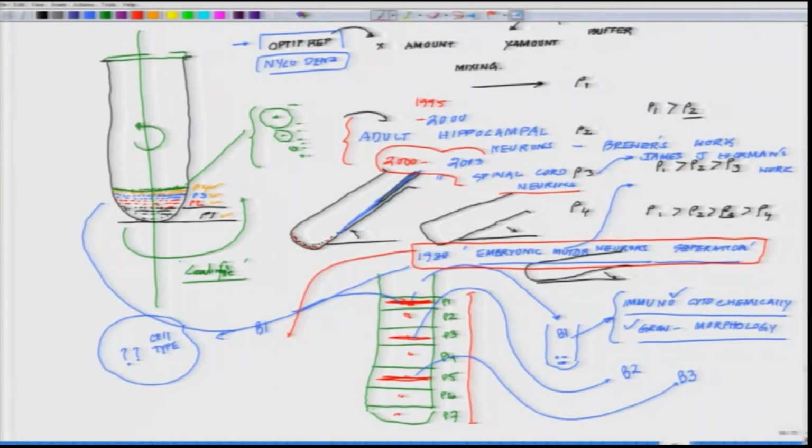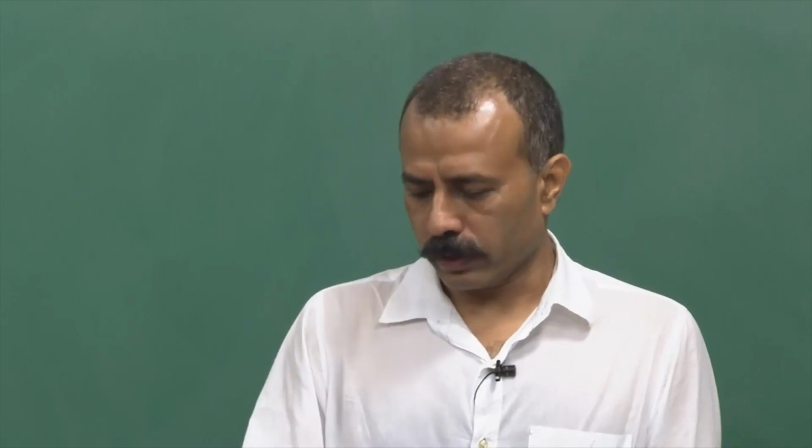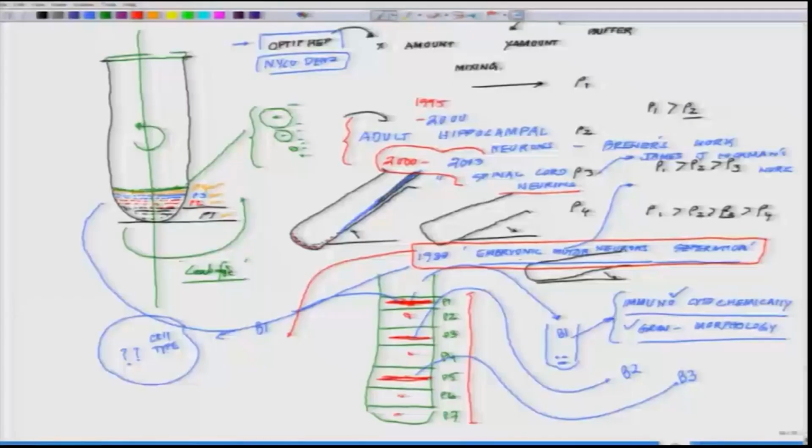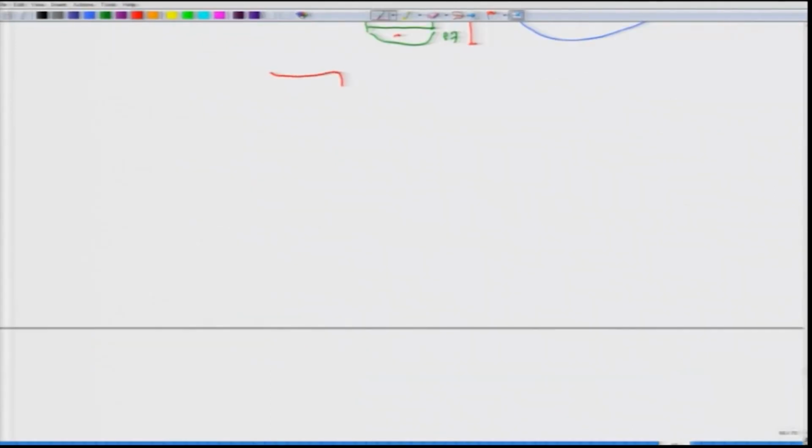there also the logic was the same, because when you look at the spinal cord of embryonic motor neurons, the way the cells are being separated, if you look at the spinal cord, the spinal cord is something like this, in an embryonic as well as in the adult.